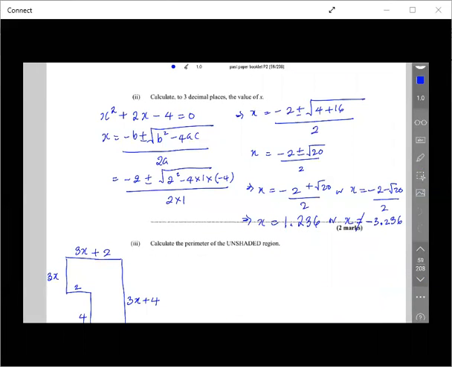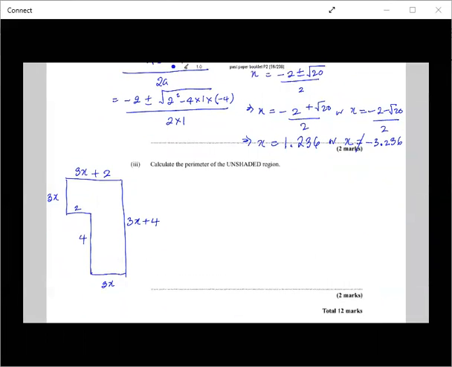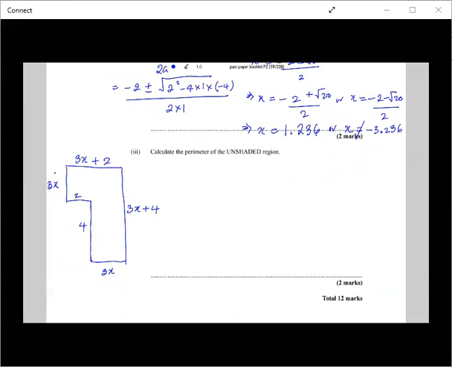Now, perimeter means distance around. So to find the perimeter, I must add up all of the sides. So the perimeter is equal to, let's start from the 3x: 3x plus 3x plus 2 plus 3x plus 4 plus 3x plus 4 plus 2.